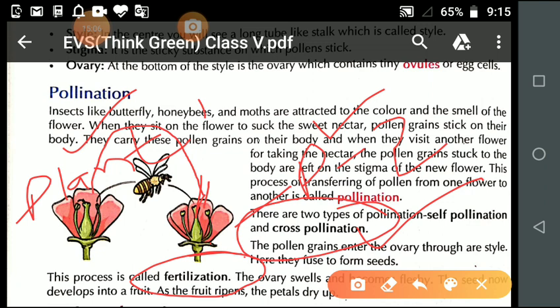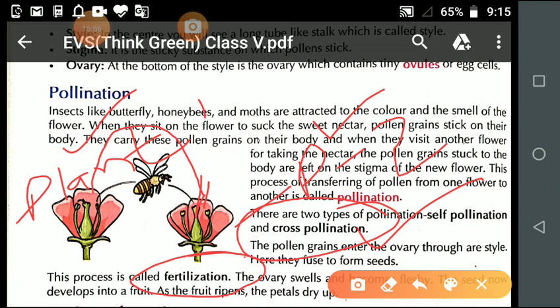How can you define fertilization? Fertilization can be defined as the fusion of the male gamete, meaning pollen, which is in the anther, with the female gametes, meaning ovules or egg cells, which are present in the ovary, which is part of the carpel.